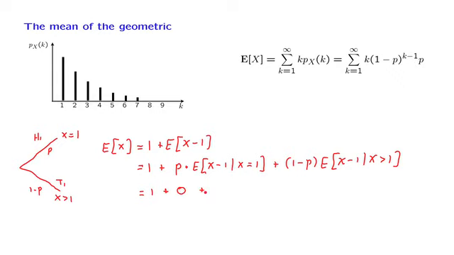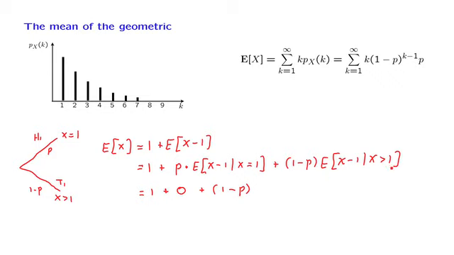How about the next term? We have a 1 minus p here, times this expected value. Now, this random variable conditioned on this event has the same distribution as an ordinary unconditioned geometric random variable.